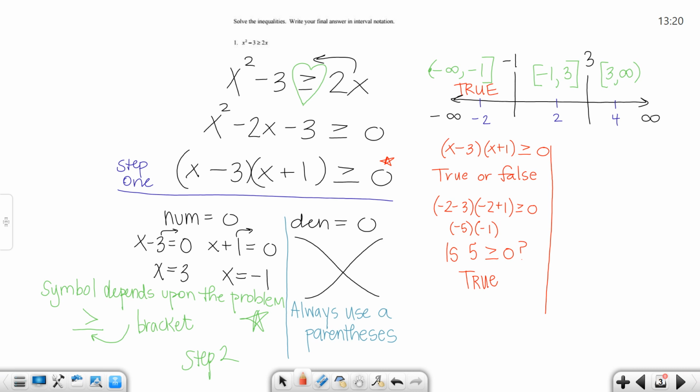Okay, so we're going to do the same thing with the number 2. Plug that into our red step. So we have 2 minus 3 times 2 plus 1, and I want to see, is that greater than or equal to 0? So that's -1 times 3, which is -3. Is -3 more than 0? No, that's false.